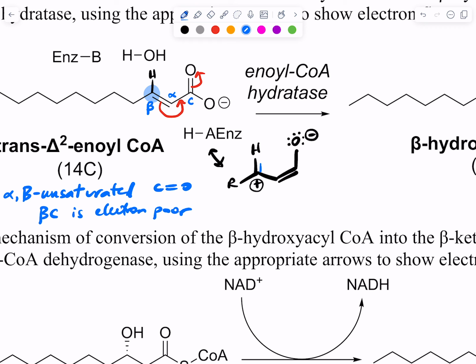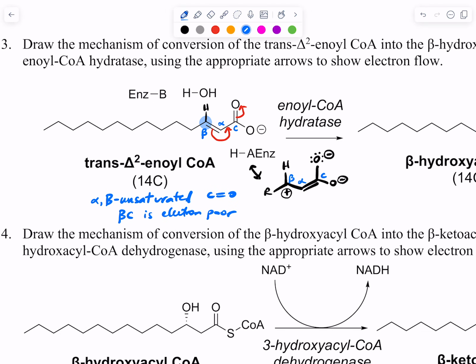So just because of resonance, you can conclude that the beta carbon is somewhat electron poor, and therefore it makes sense that a nucleophile should be able to attack that beta carbon.